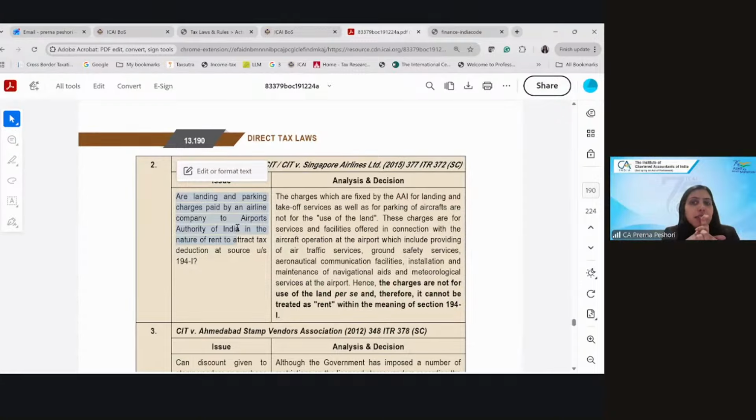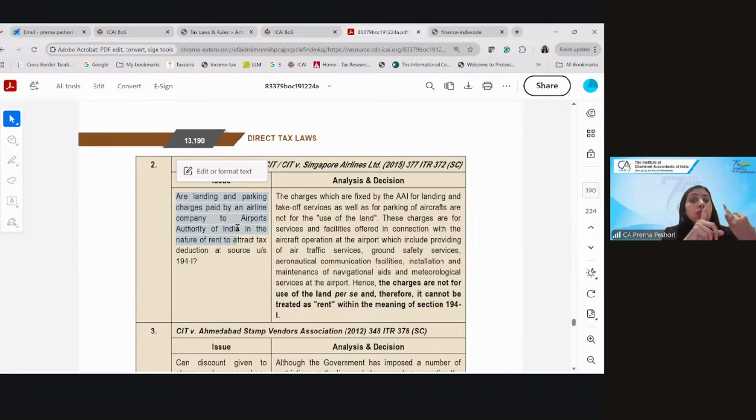The Supreme Court has clarified that these charges, like the passenger service fee, are for the services and facilities offered in connection with the aircraft. These are combined charges and not just for the usage of land.